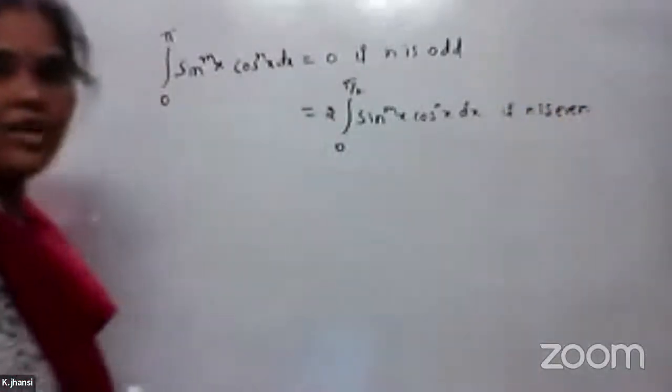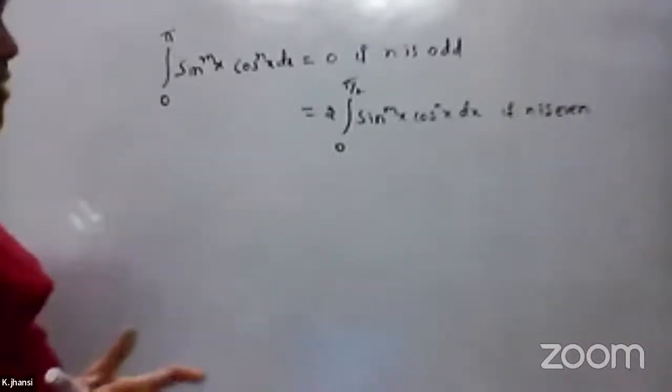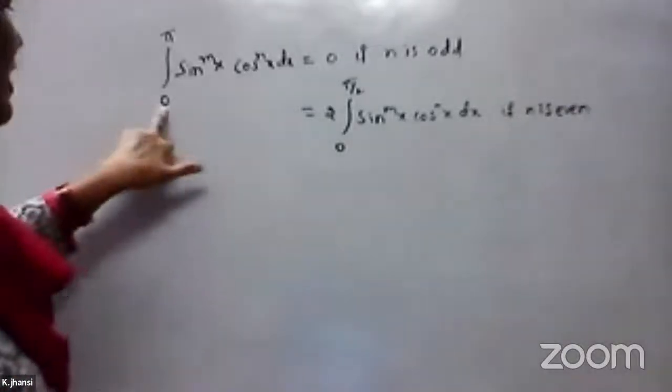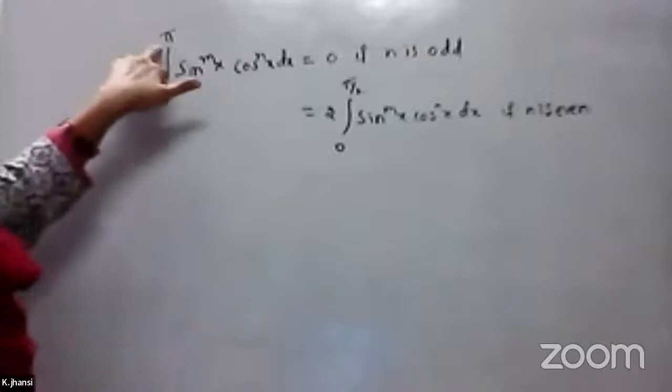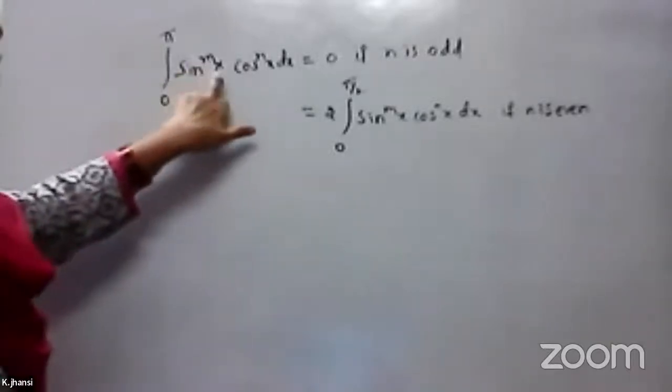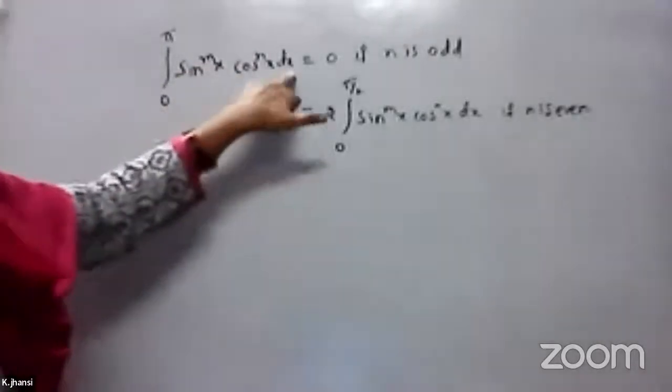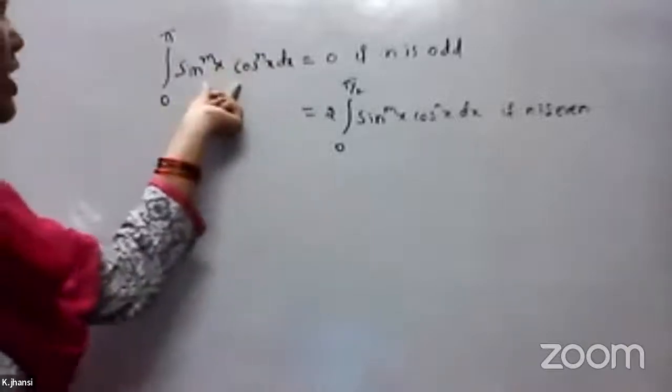Whenever n is even, this is the formula where you have the upper limit and lower limit as 0 to pi. So you can convert this one.